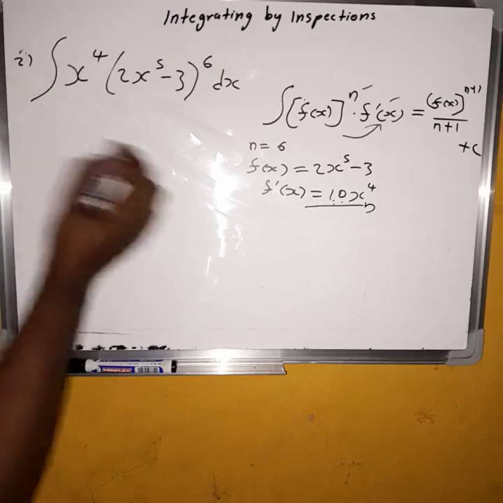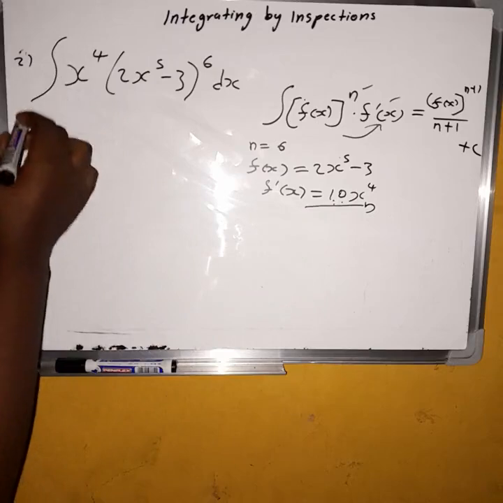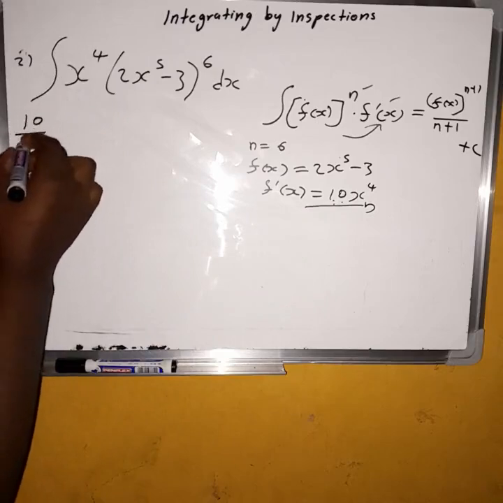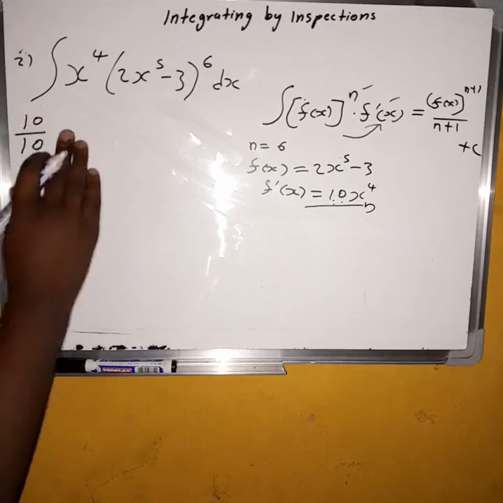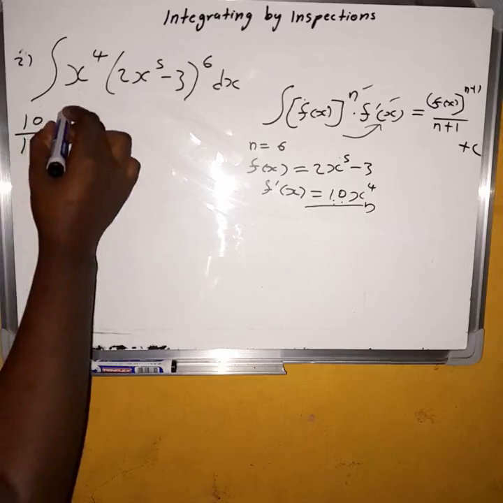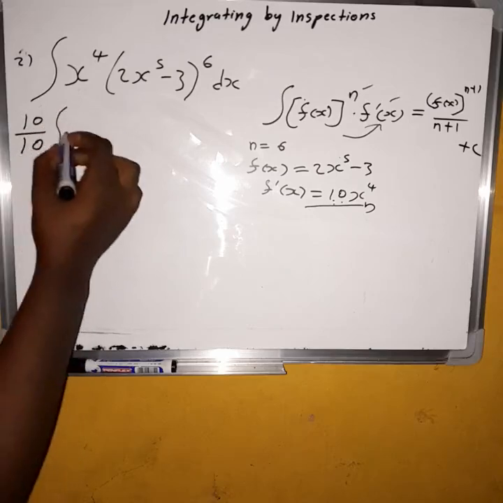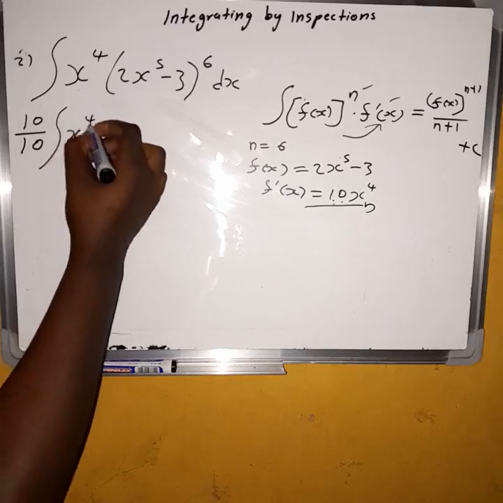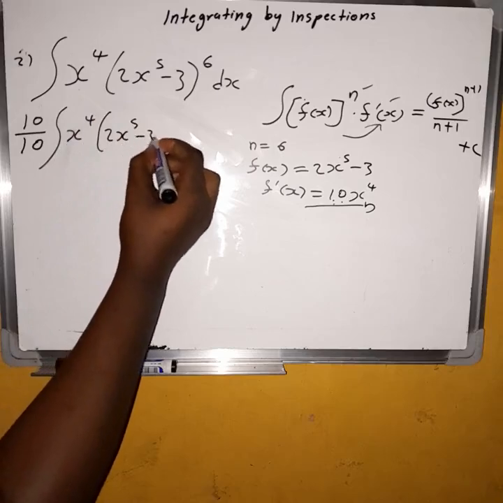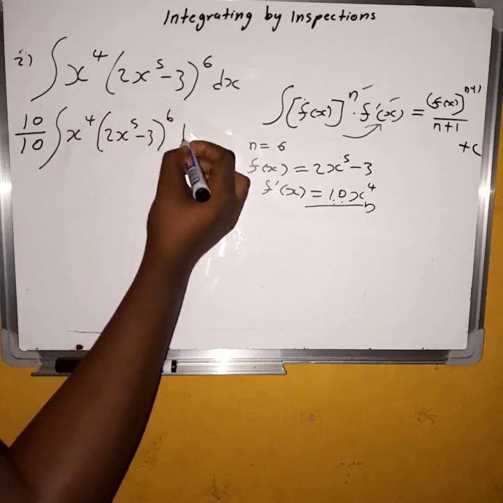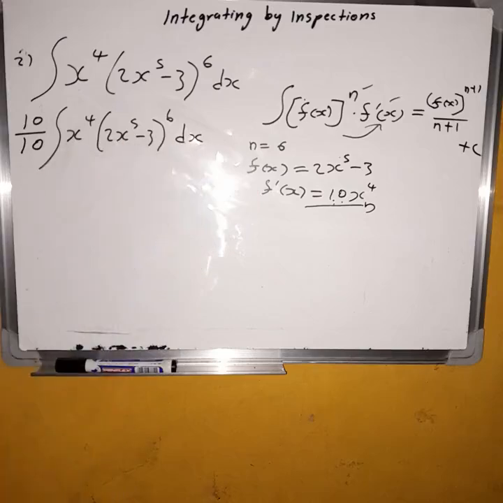We want this to become, we'll say 10 divided by 10. 10 divided by 10 is the same as what? 1. We did nothing there. Then you will introduce the integral of 10x to the power 5 minus 3 with 6 dx, right?